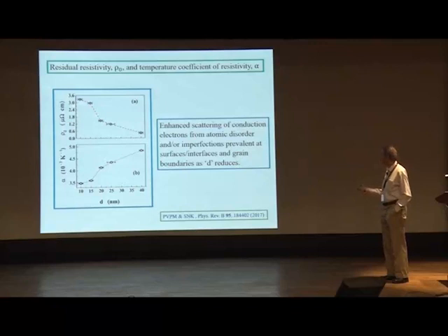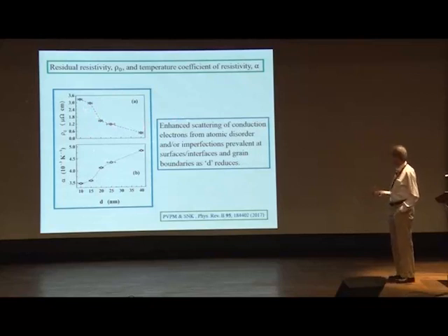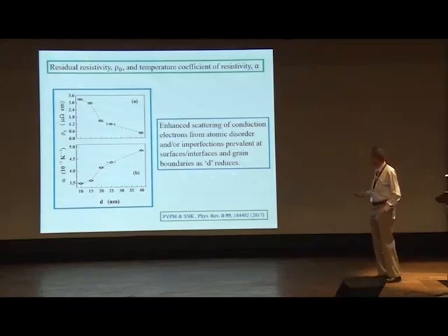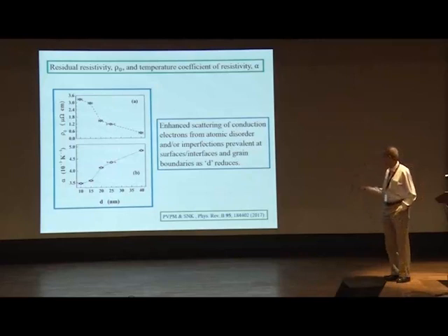So you see the residual resistivity falls as you go to higher crystallite size, whereas the temperature coefficient of resistivity goes up. Now this can be understood clearly on the basis of the fact that you have enhanced scattering of conduction electrons from atomic disorder or imperfections which are prevalent at the interfaces or surfaces and grain boundaries as D reduces, because as D reduces, the surface area increases, and hence whatever disorder is there on the surface contributes to the residual resistivity.